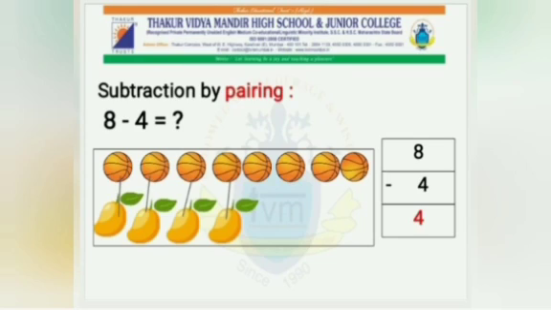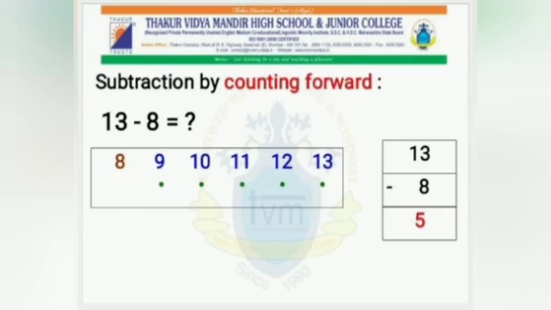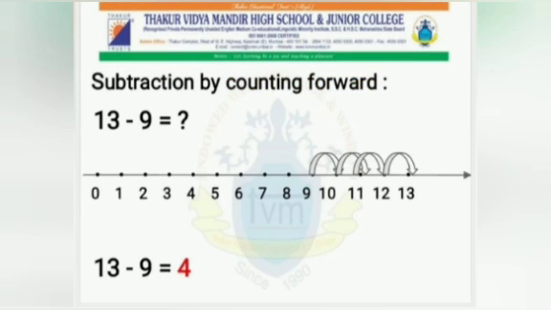Third, subtraction by counting forward. The sum is 13 minus 8 is equal to 5. Here we have to count forward from 8 till 13. So the answer is 5. Okay, next, subtraction by counting forward. 13 minus 9. So the answer is 4.